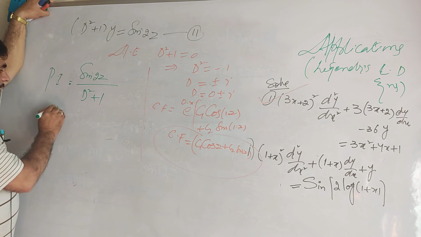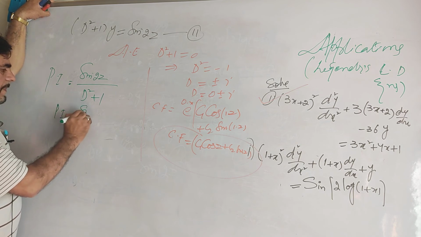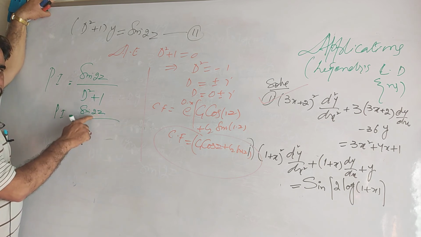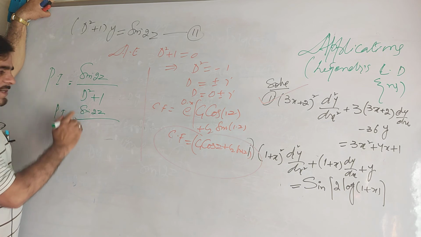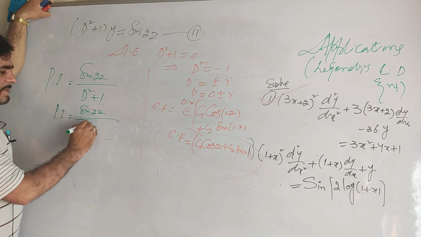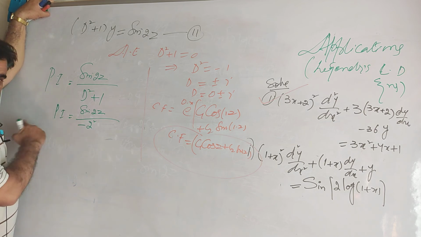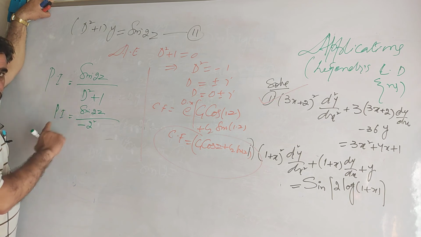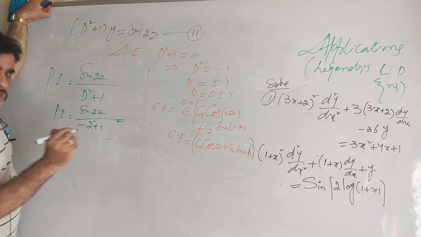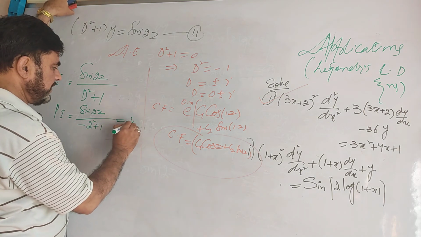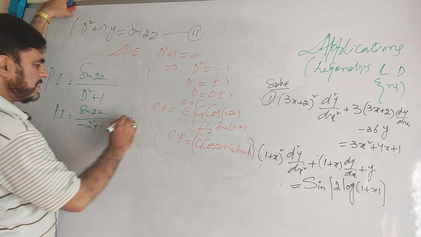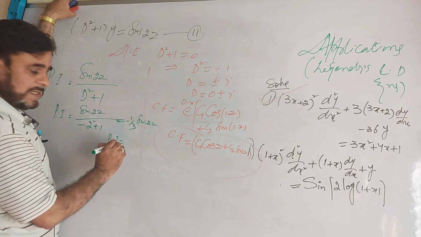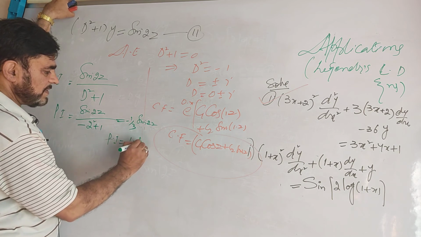I have only one D² here, so the coefficient of z is 2, and D² will be replaced by −2². Be cautious: it is −(2²), not the whole square of −2, so it becomes −4 + 1. This is equal to −1/3 sin 2z. The particular integral comes out to be −1/3 sin 2z.